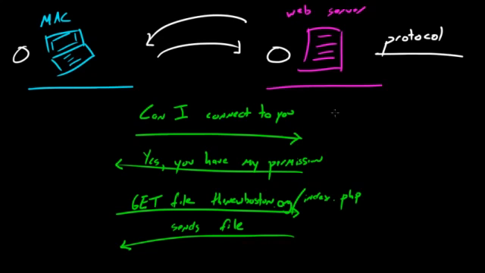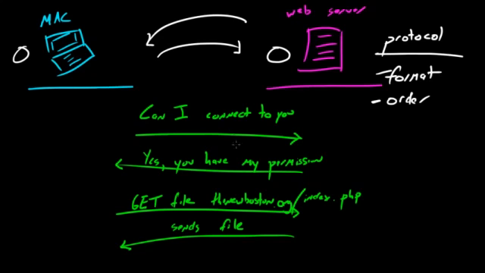Of course, it was a lot easier to understand the rules when we were talking about human beings, but the protocol in computer networking is the format, and we'll look at this later. It's different for every protocol. The format and the order of messages, those are two big ones.